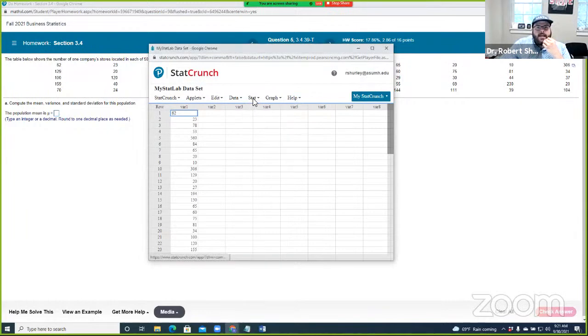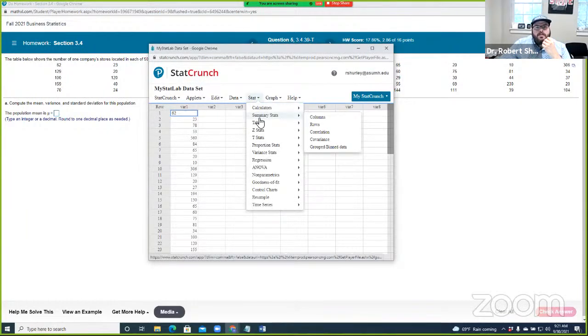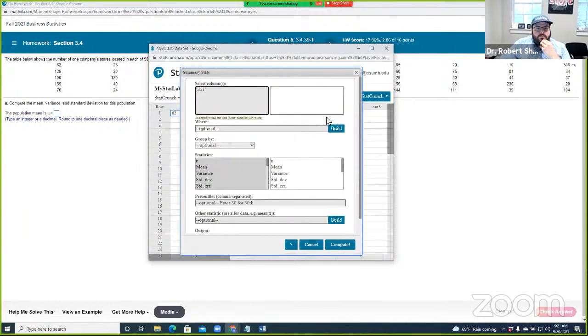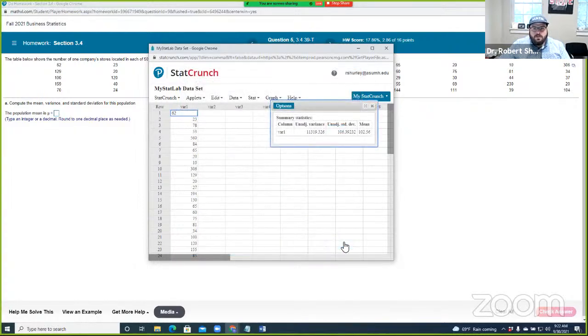So I'm going to go to Stat, Summary Stats, Columns. I want the first one. I want the mean, and then I want these two, the unadjusted, because that means population. So compute. And it tells me these three. Now I'm going to write these down.